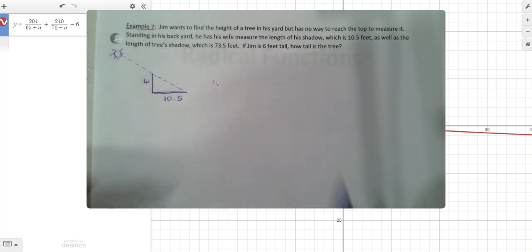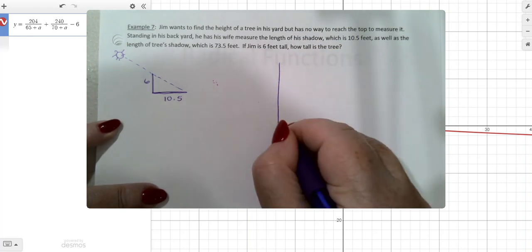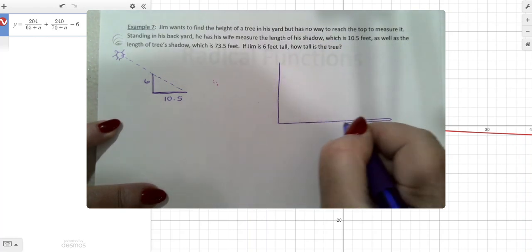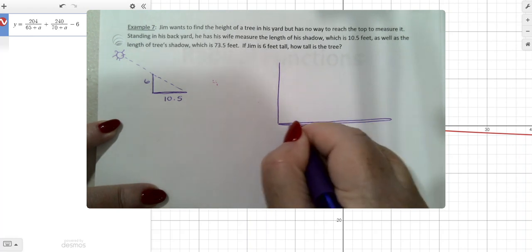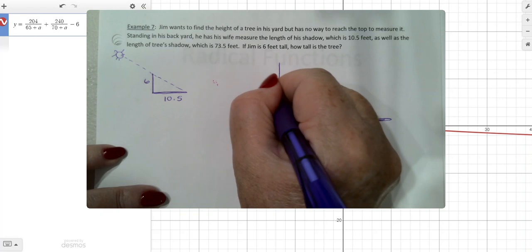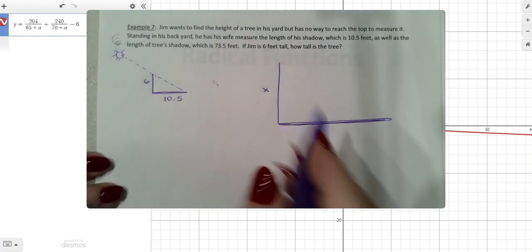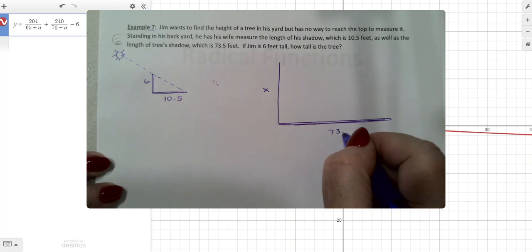All right, we got the tree over here, which I'm sure is significantly taller than Jim. Definitely casts a much longer shadow. We don't know how tall the tree is, so I'm just going to call it x. But we do know the shadow is 73.5 feet.